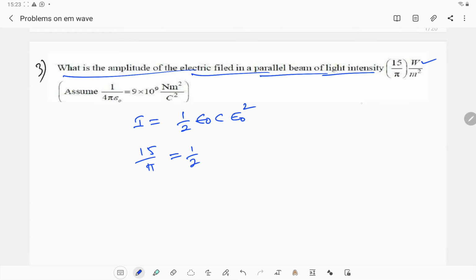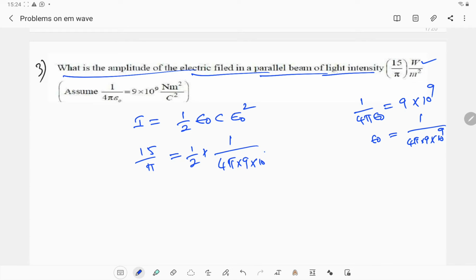So here 1 by 4 pi epsilon naught is equal to 9 into 10 to the power of 9. Therefore, epsilon naught is equal to 1 by 4 pi into 9 into 10 to the power of 9. Here C is 3 into 10 to the power of 8, into E naught square.